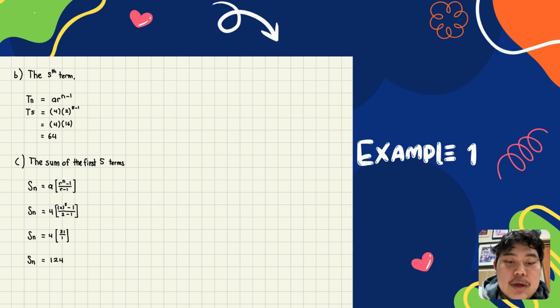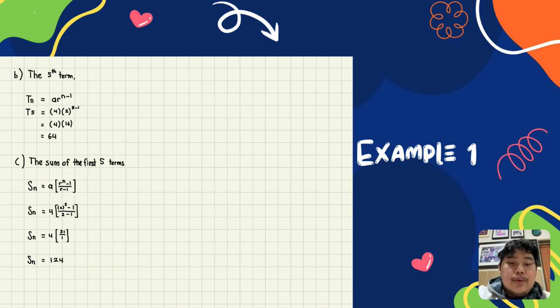So the n, we need to change it with the 5. So it will be term 5. So T5 equals 4 because our A, which is the first term, is 4. And our R, our common ratio, is 2, because after we divide it, we will get 2.